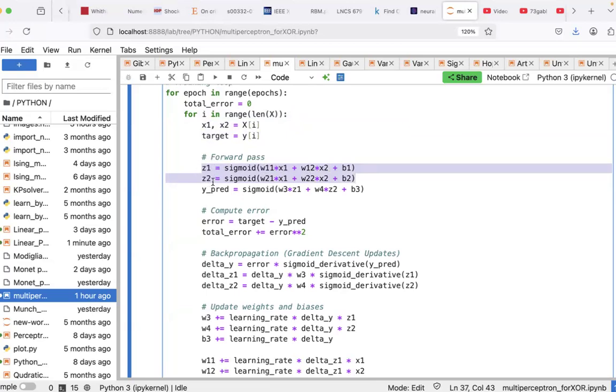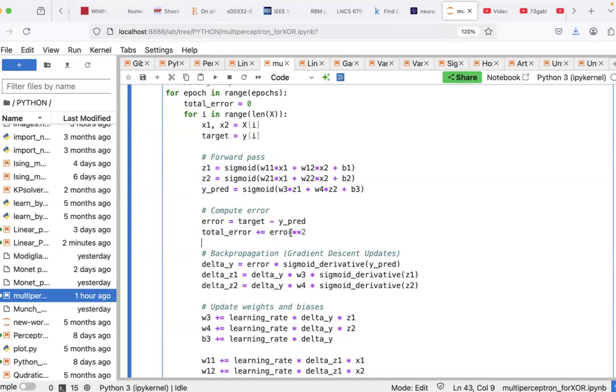And these outputs become the input of another perceptron, which is modeled with the sigmoid, which finally gives you the predicted output. And here we use least squares to make sure that the target output and the predicted output are as close as possible, with the error tending to 0. You see here the total error, it is summed up and squared.